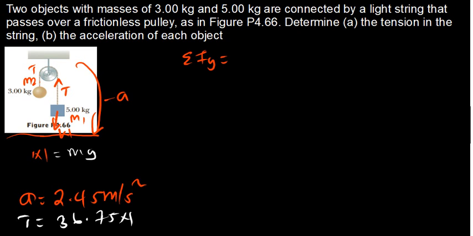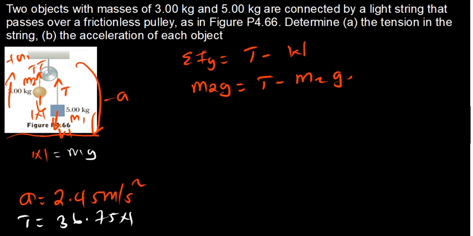Again, what forces do we have? We have the weight force, which is opposing, and also the tension force, which is going up. But we need to understand that this one is moving in positive y, therefore the acceleration is going to be positive in this case. So we're going to have the tension force minus the weight force. Since the weight force is pointing downward, it is M2 times G. So M2A is equal to T minus M2G.